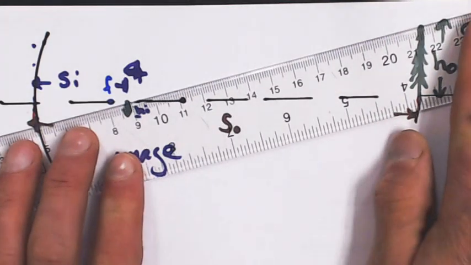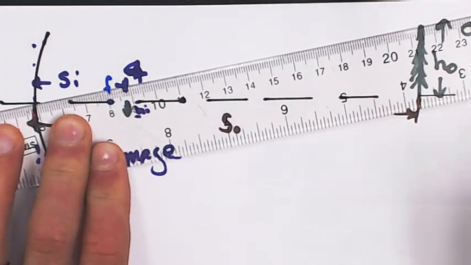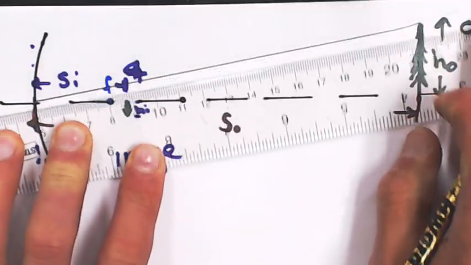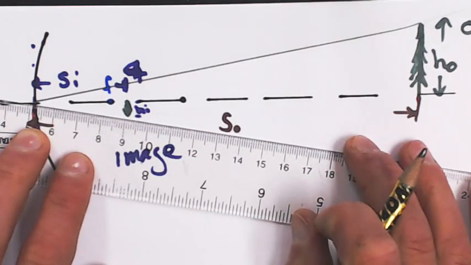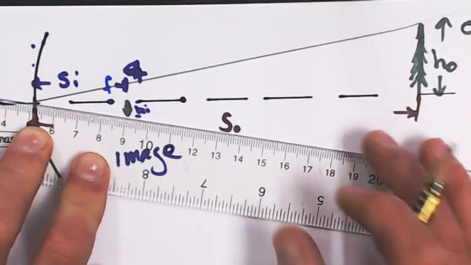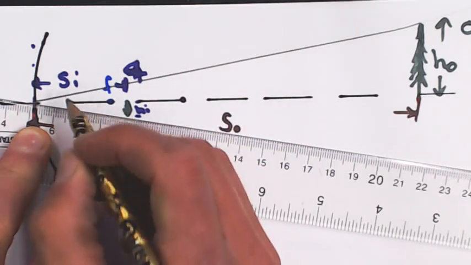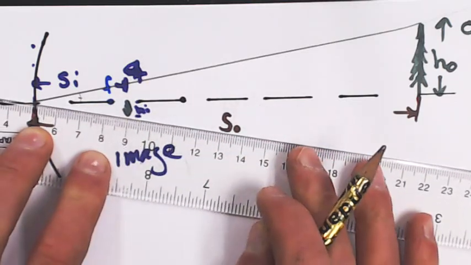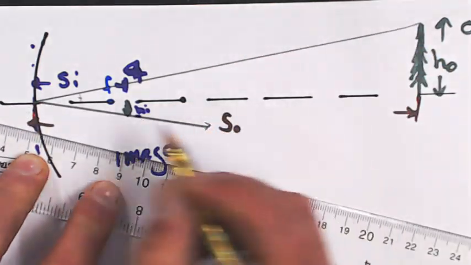So if I draw one that bounces off the middle of the mirror, that has to go through the top of my image. Or if you do your math, you'll know that this angle, I measured that angle out. So go through there, go through that way.